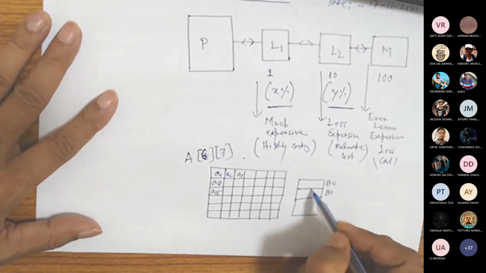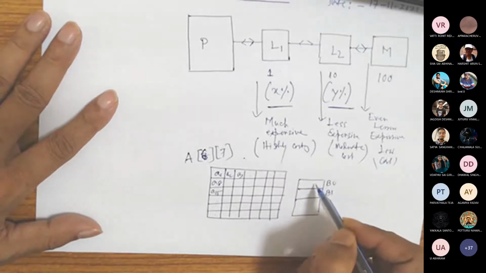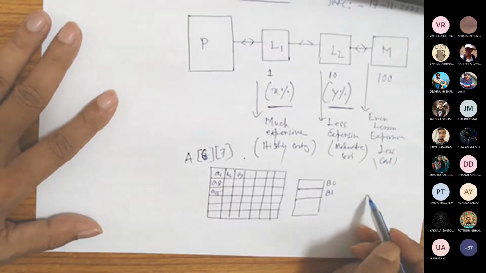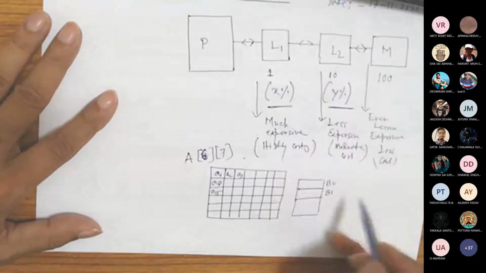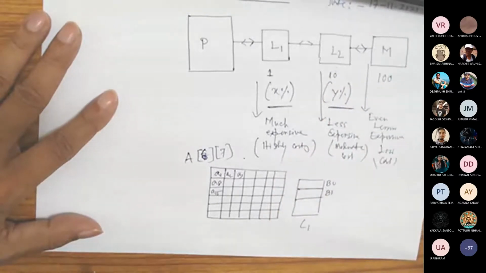When you bring this, you bring the entire content. When you bring something from the memory or secondary memory, secondary cache or main memory to the L1 cache, let's assume that this is an L1 cache.